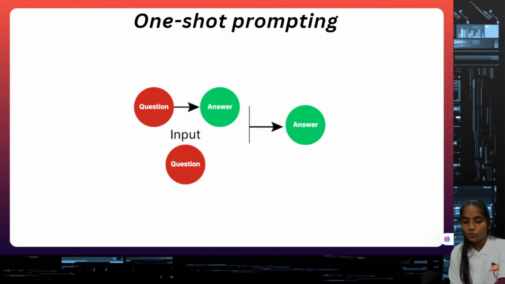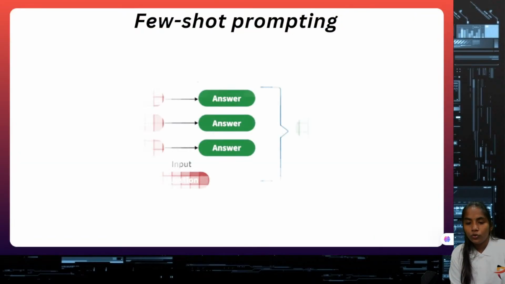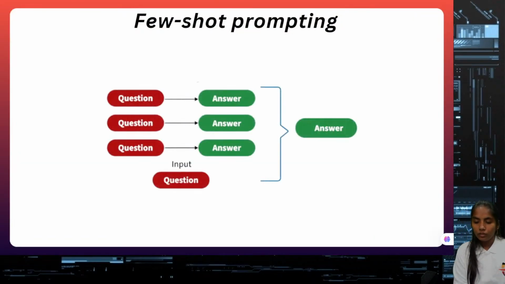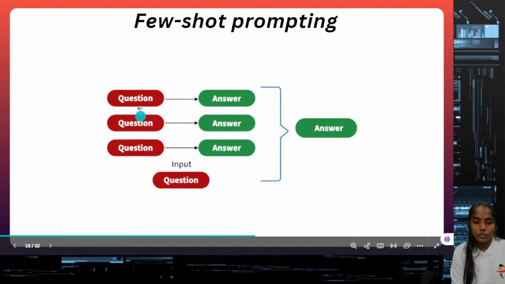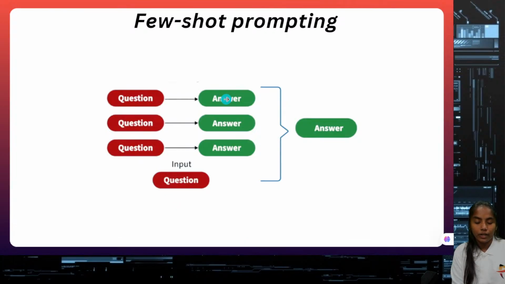Coming to the next one, few shot prompting. It's not like a single question or two questions. You are just asking the input questions. First question you ask and you get the answer. Second question you ask, you get the answer. Third question you ask, you get the answer. And finally the entire output should come with the particular answer.